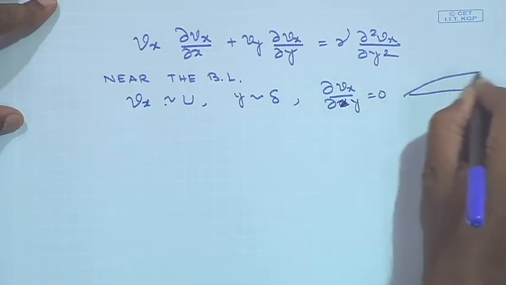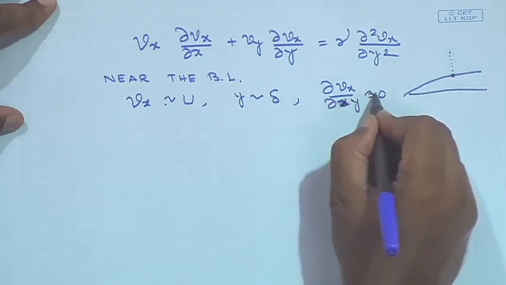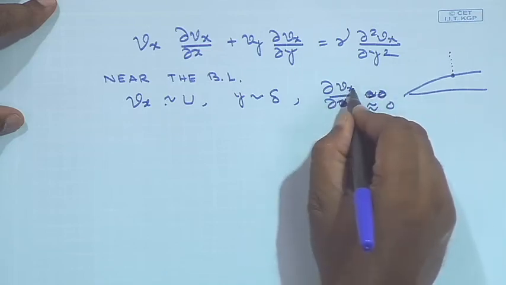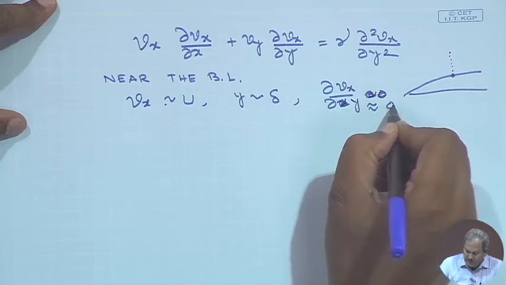So, if this is the boundary layer, Vx does not vary with y beyond the boundary layer. So, at the edge of the boundary layer, the variation in the axial component of velocity with y is approximately equal to 0.